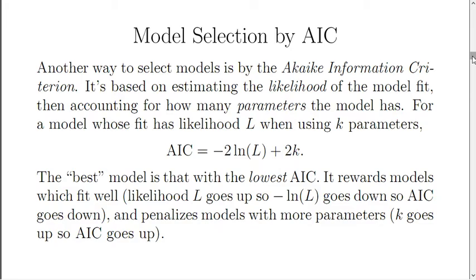When you compute this, the best model, or at least the likely best model, is the one that has the lowest AIC. That's because it rewards models which fit well.